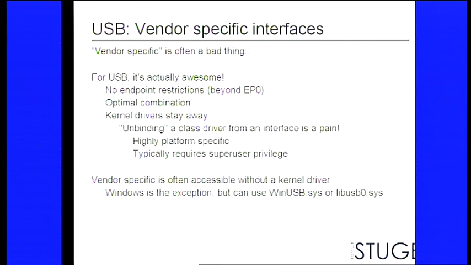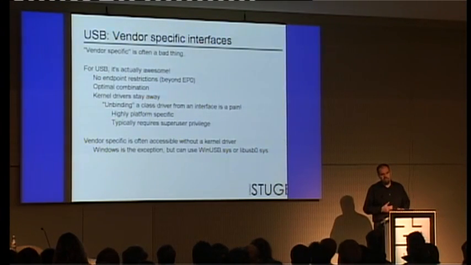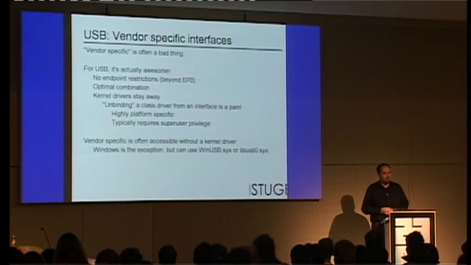This is important because unbinding a kernel driver from a device once it's lodged on can be really, really painful. It depends a lot on the operating system. In Linux, it's fairly easy. You just have to have the right permissions, and then the driver is removed from this interface.